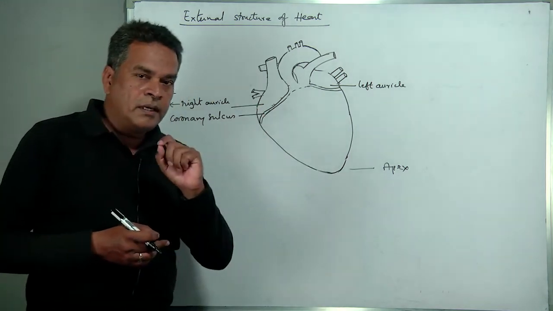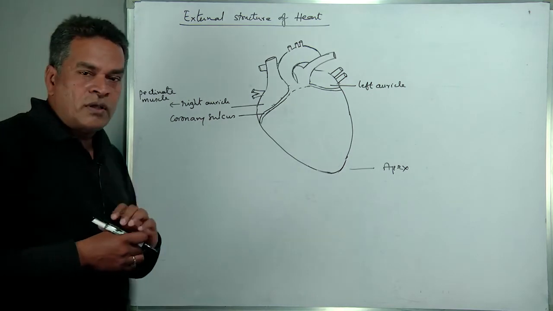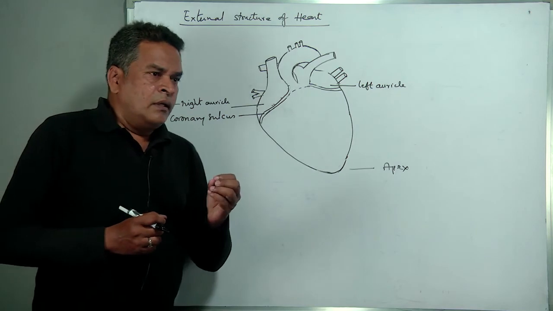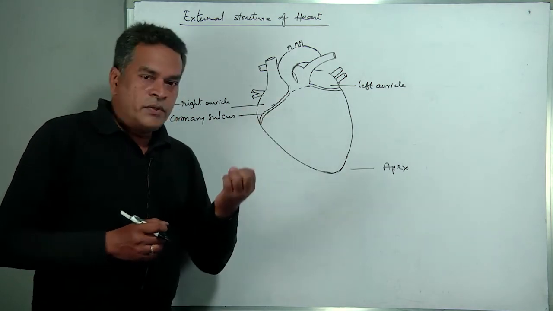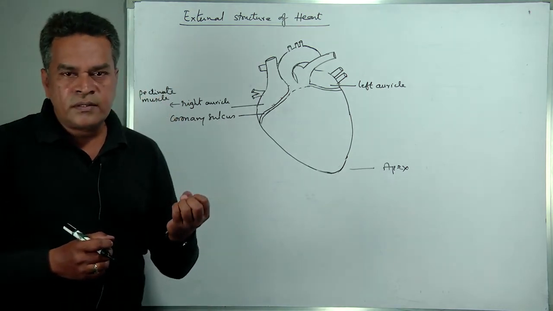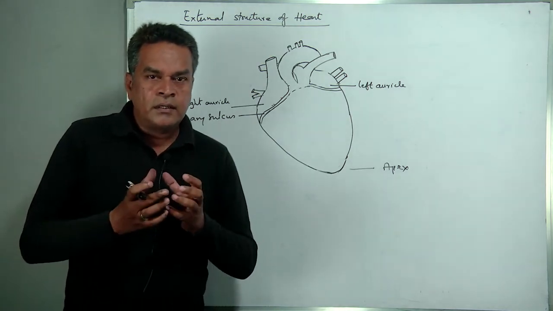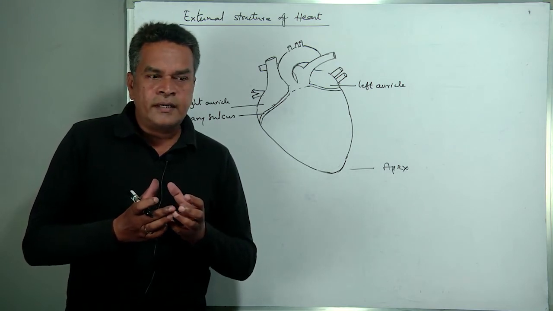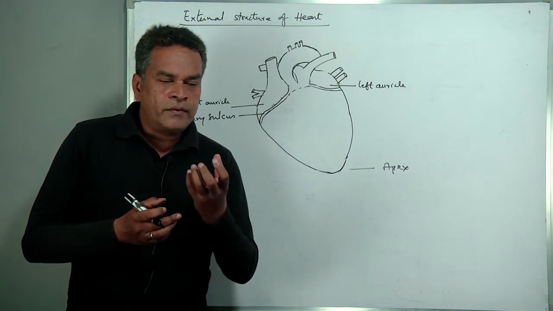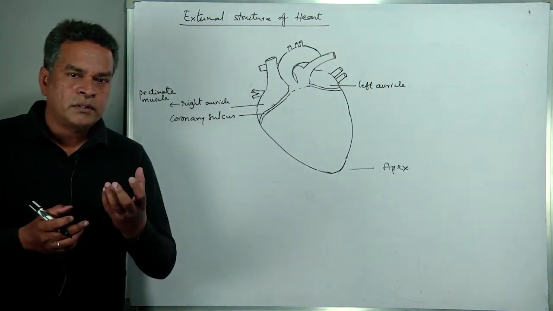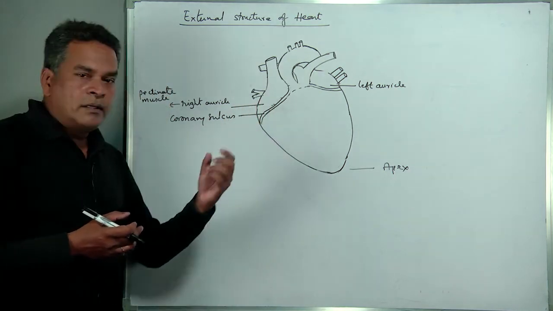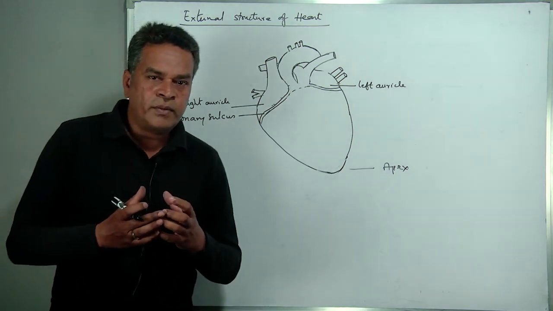Now let's understand the function also. What is the significance of the auricle? The right atrium receives blood from the precaval veins, postcaval veins and coronary sinus, and the auricle allows it to accommodate more blood, because this is a receiving chamber.